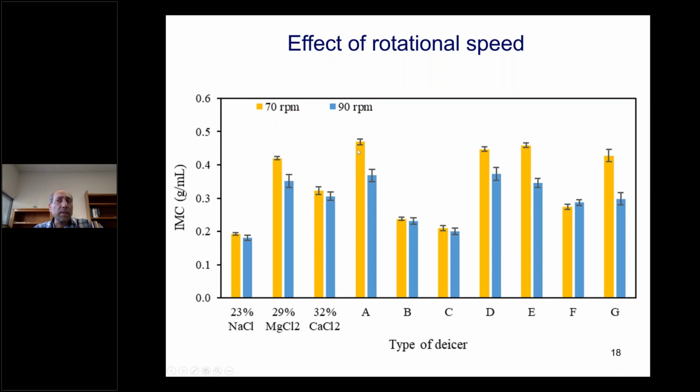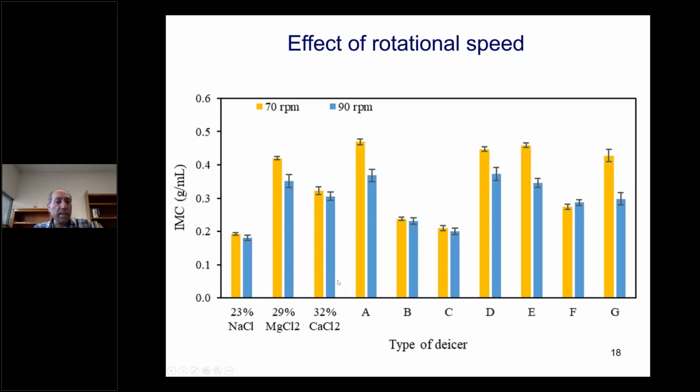In general, we try to get about 20% change. The original number is 90 RPM, so we decreased it by almost 20% to get 70 RPM.